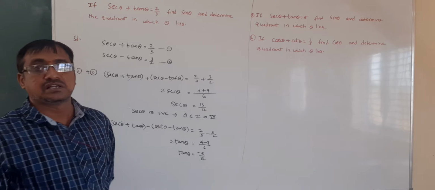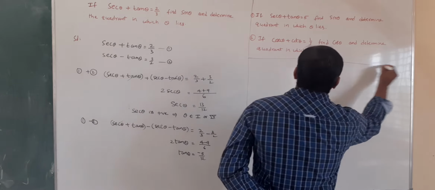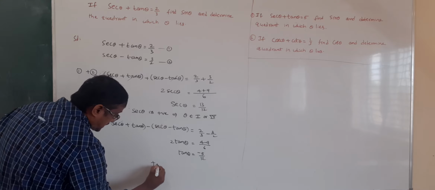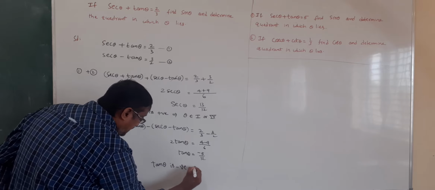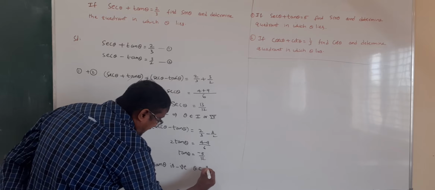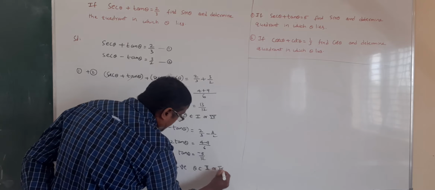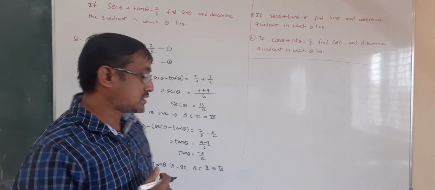That means tan theta is negative. Tan theta negative means theta belongs to the second quadrant or fourth quadrant.